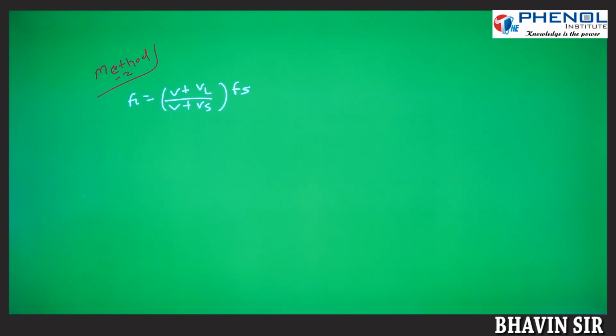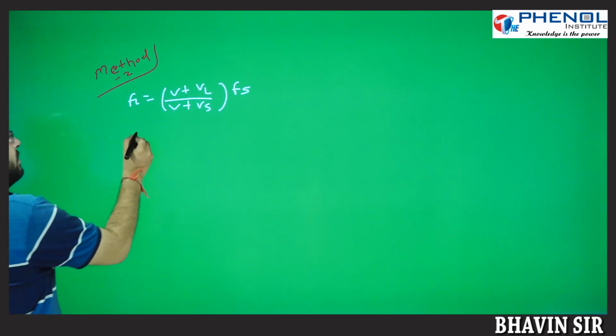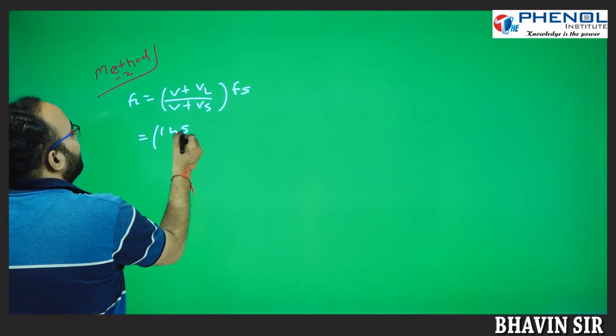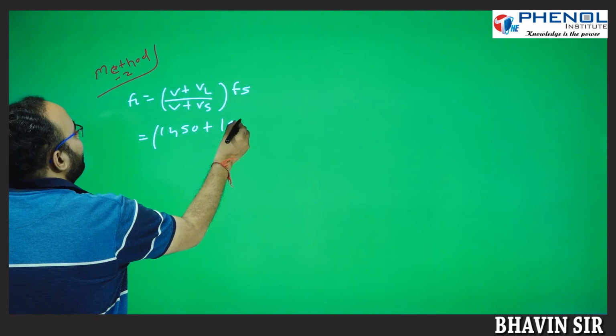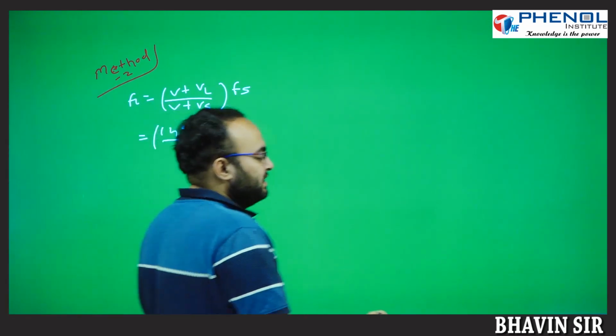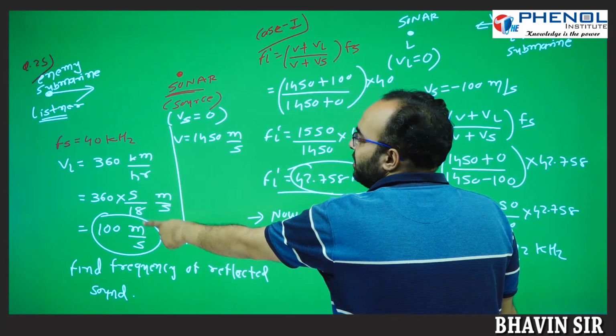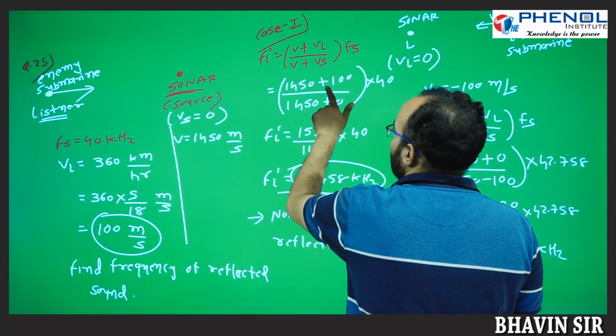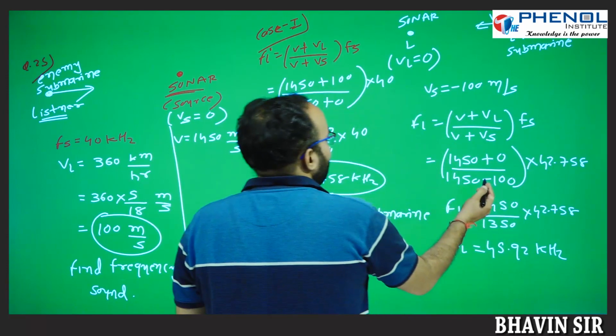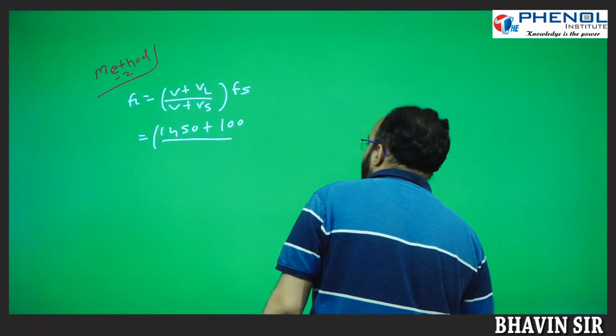Now what is the speed of sound? 1450. See, first is L2S, so we take positive. First we take positive, which is plus, and in the second there is minus, since second is S2L.